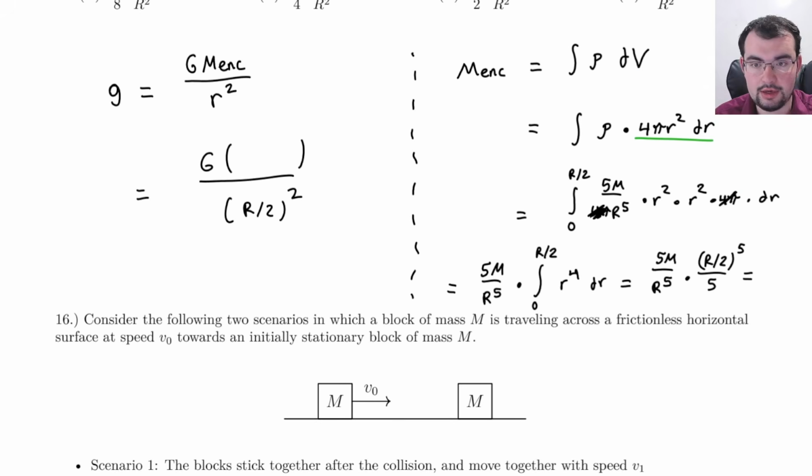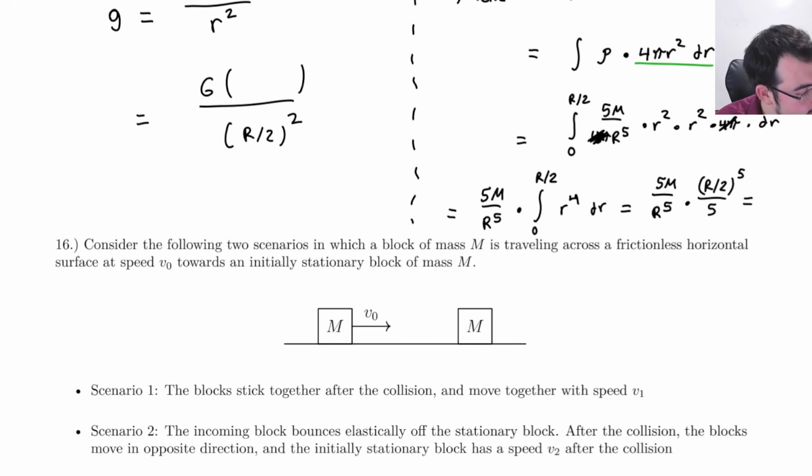So we see that all the r's cancel, and I would have a 32 in the denominator. So this is actually m divided by 32. So we do actually get something nice looking out of this.